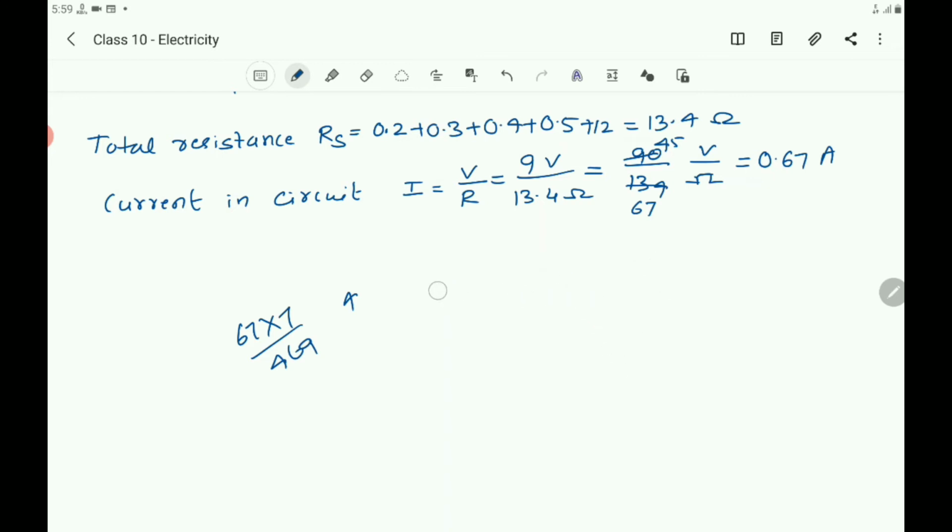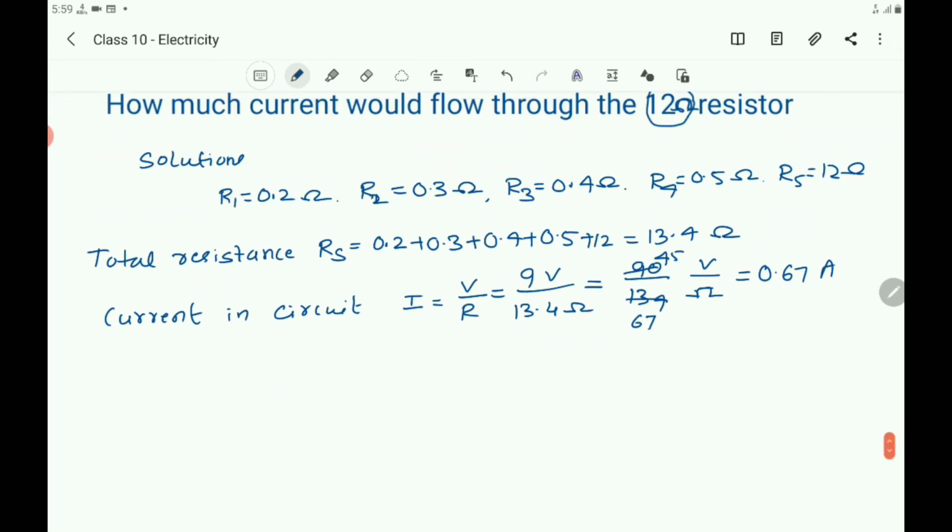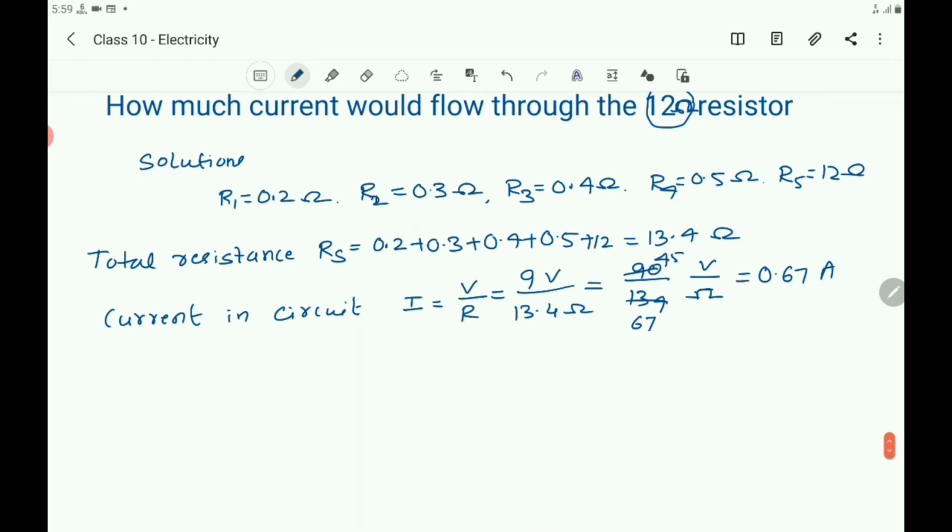Now what you have to find out is the current through the 12 ohm resistor.